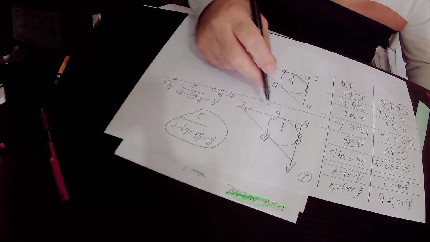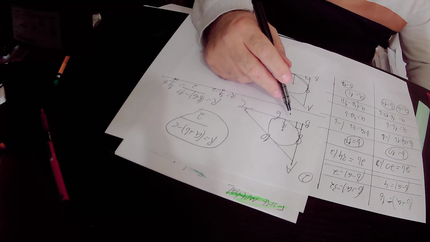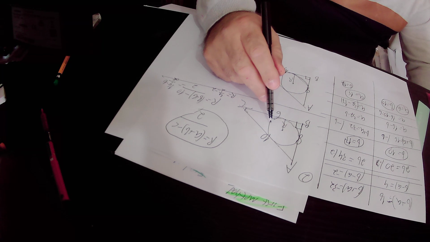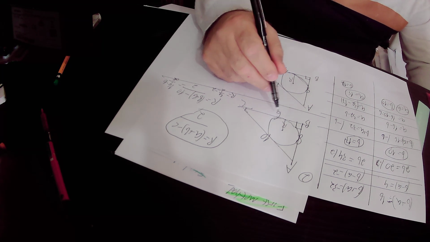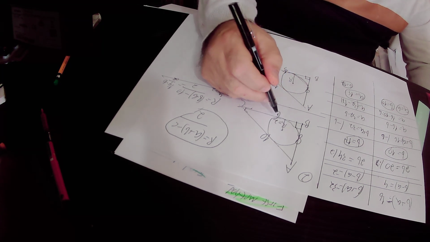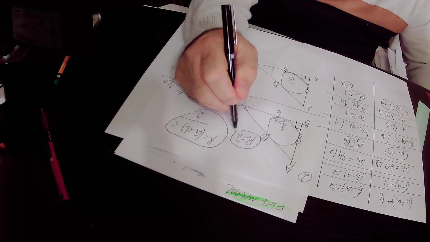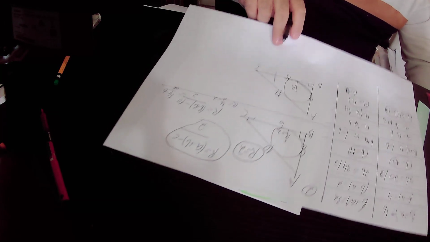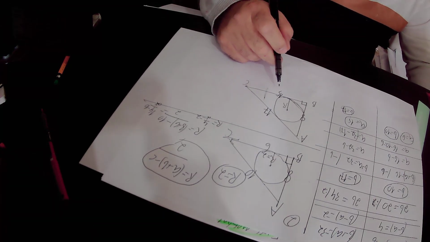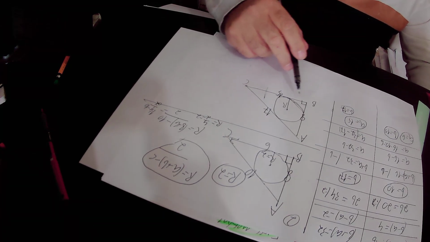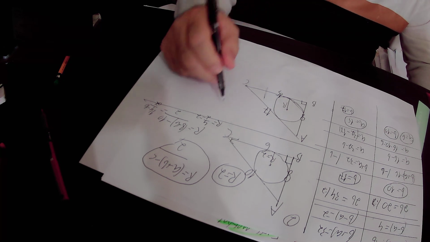So we found that the radius of this circle that is inscribed by this specific right triangle equals 2 units. R is equal to 2 here. Then we find the radius of this circle that is inscribed by this right triangle.